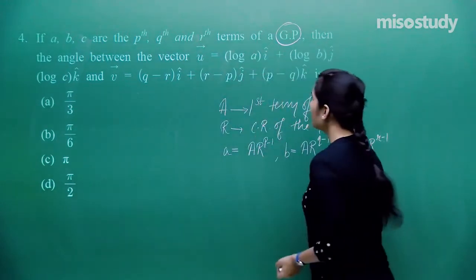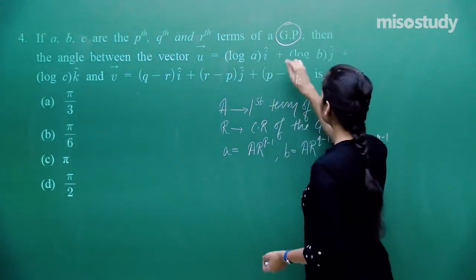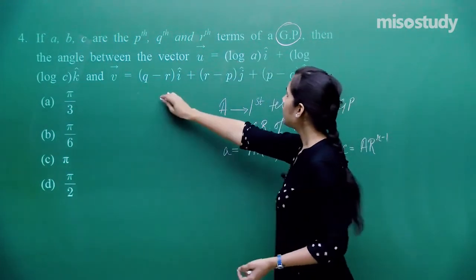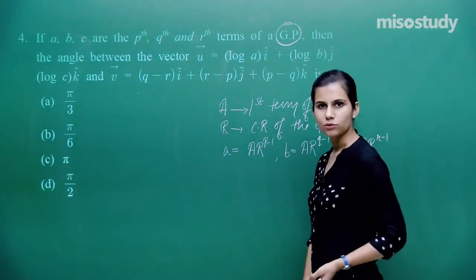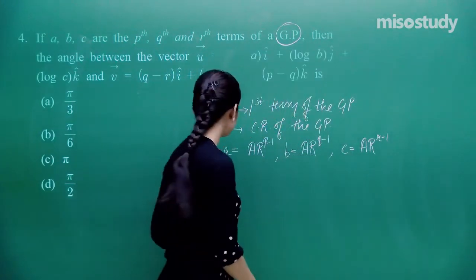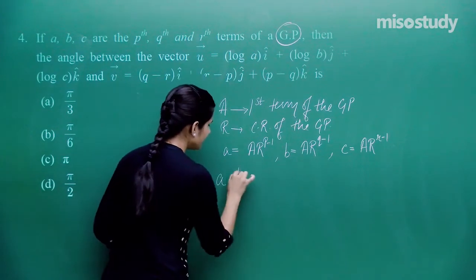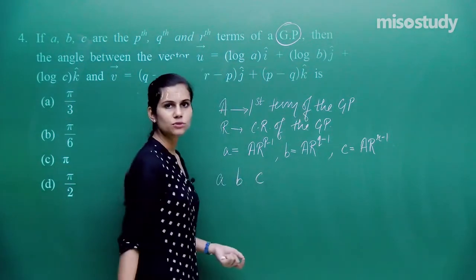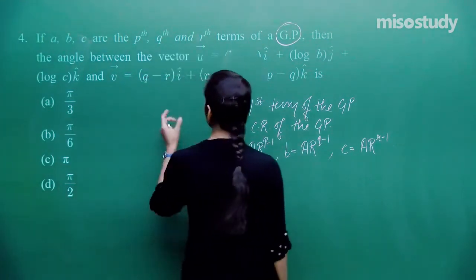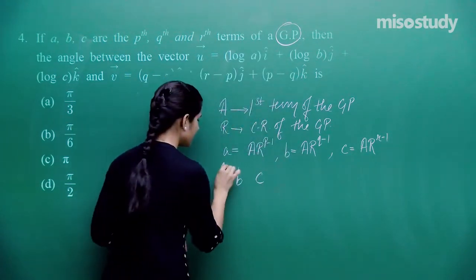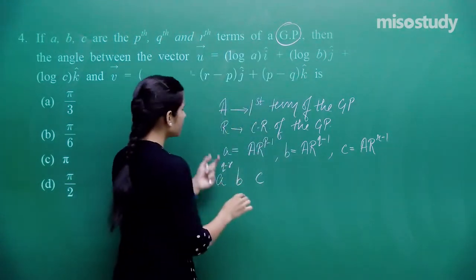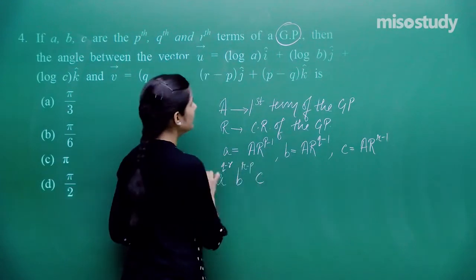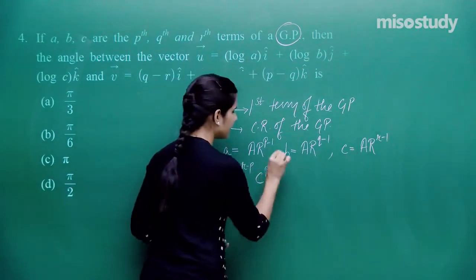Carefully observe the components of both the vectors: log a, log b, log c, q minus r, r minus p, p minus q. Do one thing. Understand what happens when you do this. A when you raise to the power q minus r, b when you raise to the power r minus p, and c raised to the power p minus q.